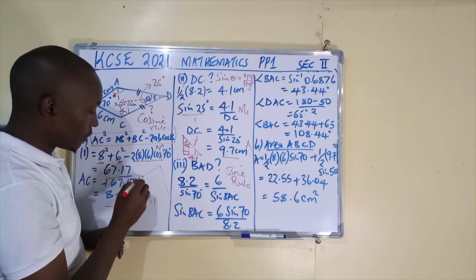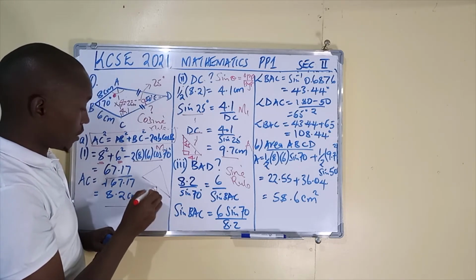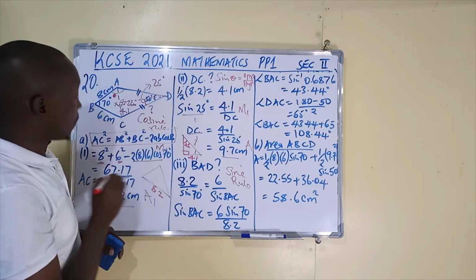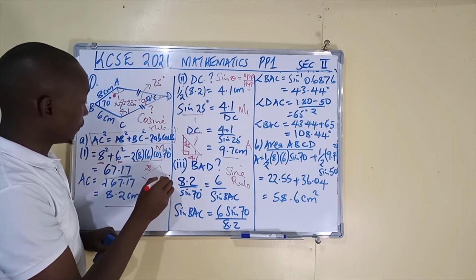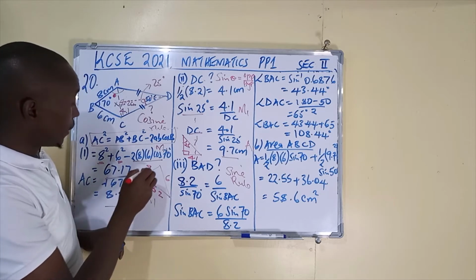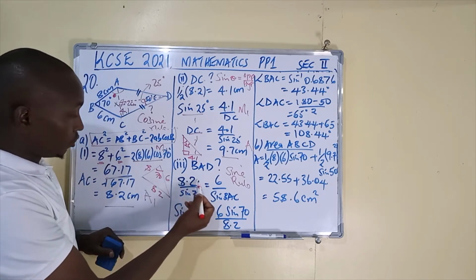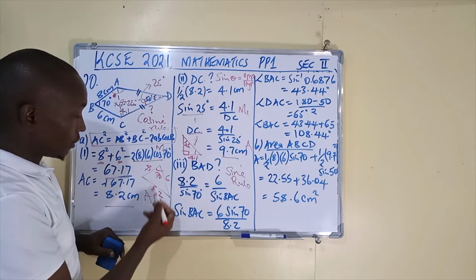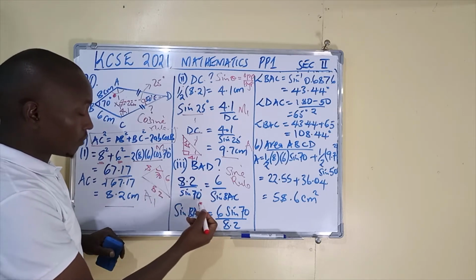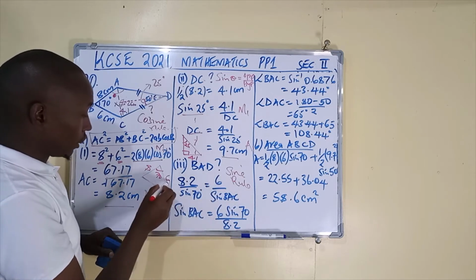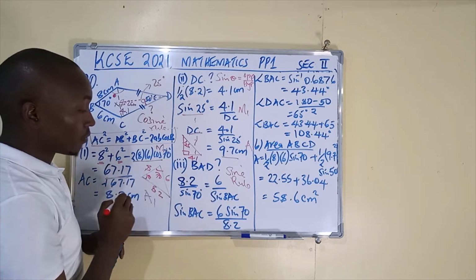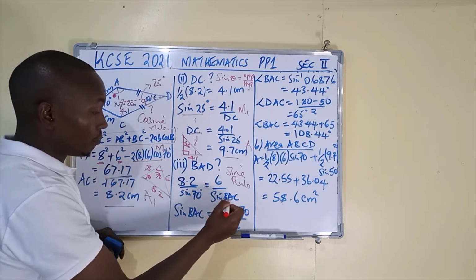It's a triangle with 8.2 here. Yes, this is 8 and this is 6. Okay, and I know this angle is 70. So 8.2 over the opposite angle here, sine of 70, is equivalent to 6 over an angle here that I'm looking for. That is angle ABC.